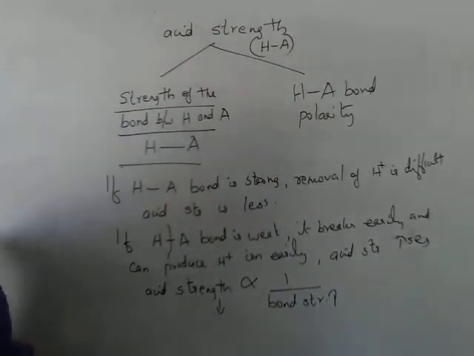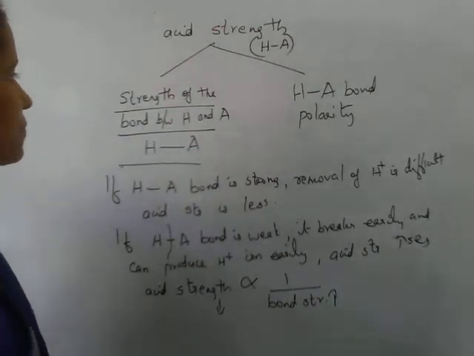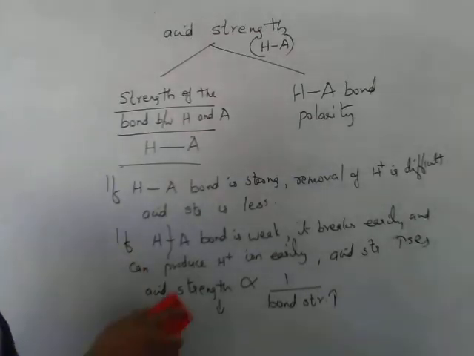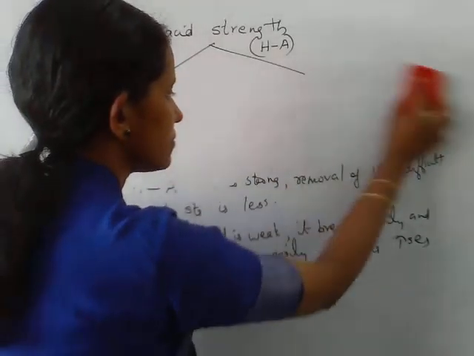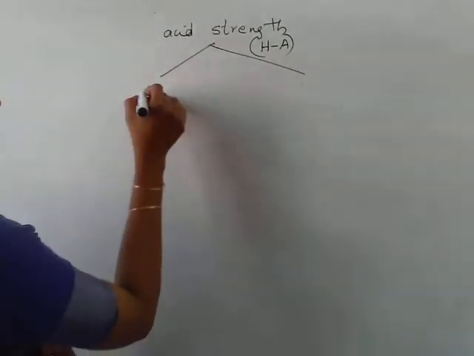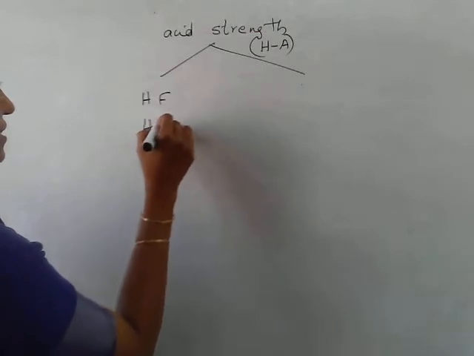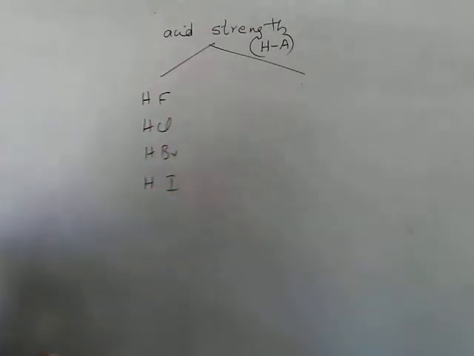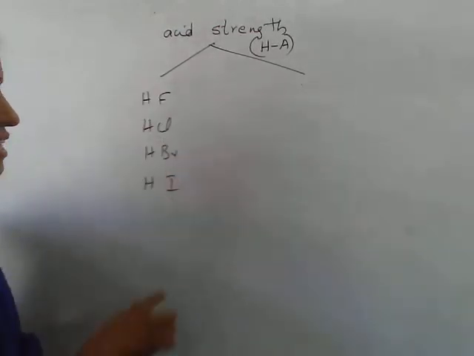When we consider acids formed by elements of a group, for example, HF, HCl, HBr, HI. These are the acids produced from group 17.